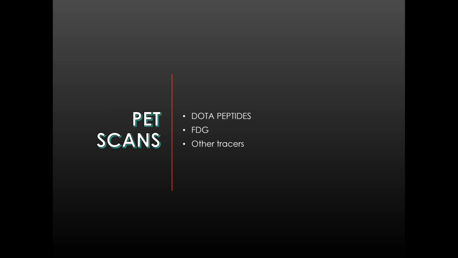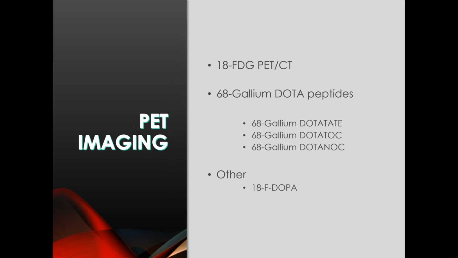And PET scans include the DOTA-TATEs, the FDG, and the other tracers. I'm mainly going to focus on DOTA-TATE and FDG and how they are used nowadays for management. So PET imaging, specifically, is using positron emitting radiotracers, so F18 and Gallium-68 are the main ones. And the gallium DOTA-TATE peptides, there are many of them.